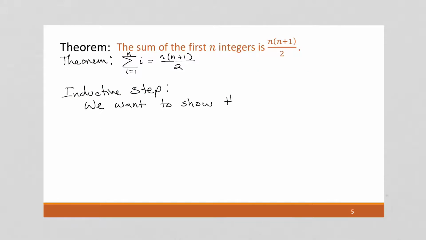So we want to show that if our property is true, well, what's our property? Our property is that this relationship holds true.